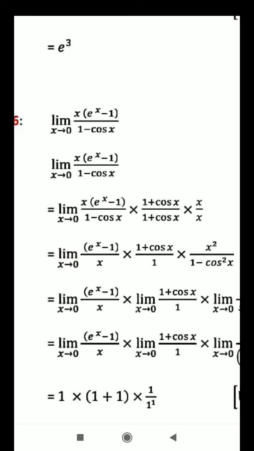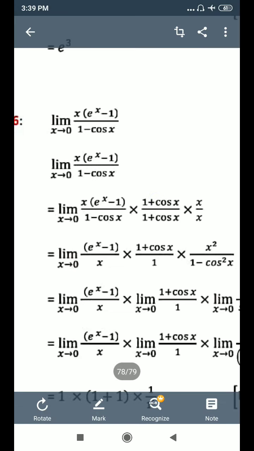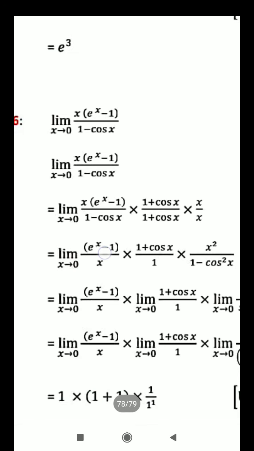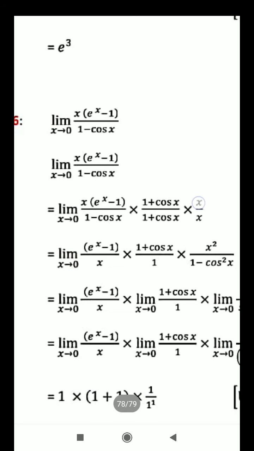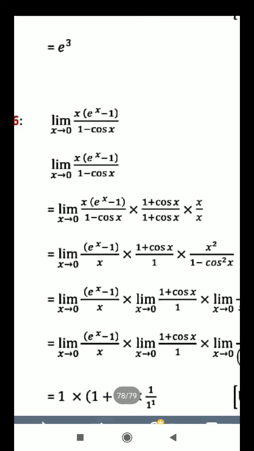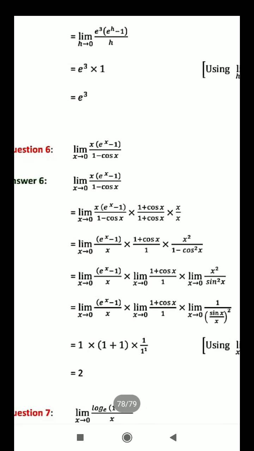I will multiply numerator and denominator by 1 plus cos x. So now this is e raised to power x minus 1 divided by x as one term, 1 plus cos x as it is, and another term is x square upon 1 minus cos square x. Now these all three forms can be solved easily.